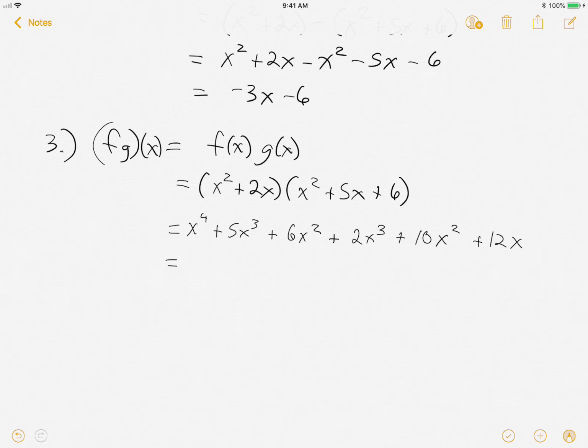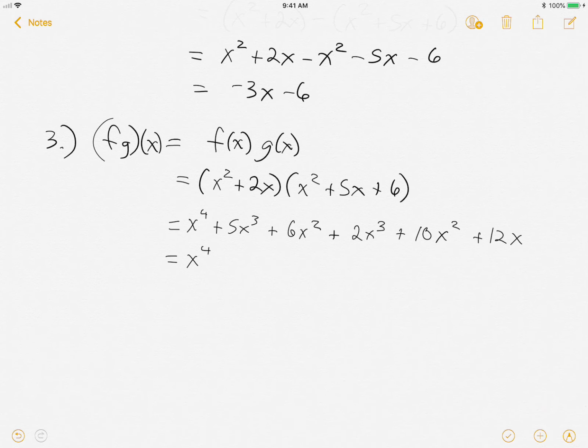Combine like terms. I only have one x to the 4th term. 5x cubed plus 2x cubed is 7x cubed. 6x squared plus 10x squared is 16x squared. And then I only have one x term, 12x.